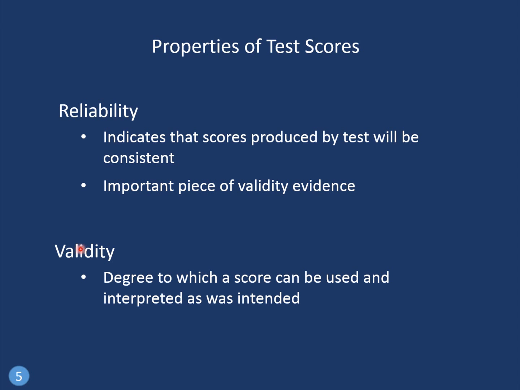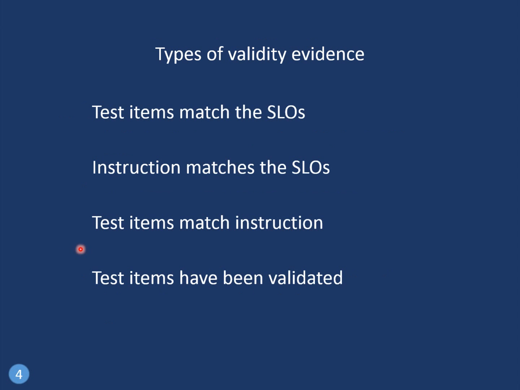Reliability is a piece of that. And the degree to which a score can be used and interpreted as was intended is what validity is about. But we need evidence. So we get evidence of validity for being able to use our score the way we want, when we intended, by making sure the items match the SLOs, and making sure the instruction matches the SLOs, making sure test items match the instruction.